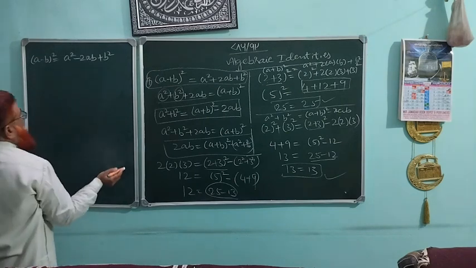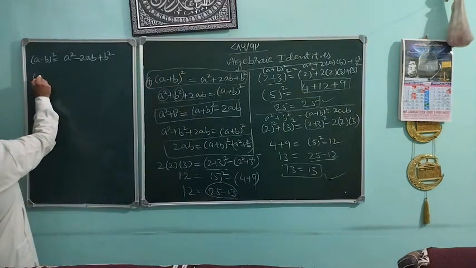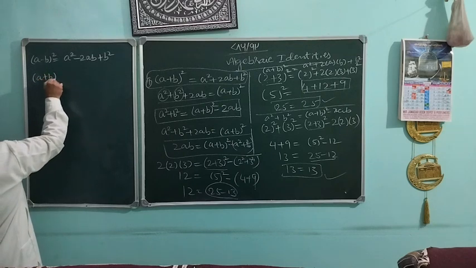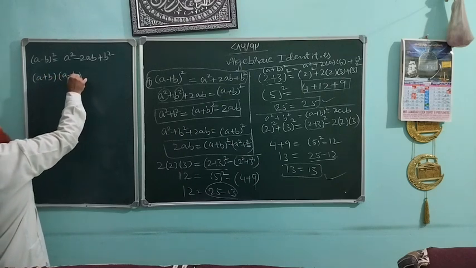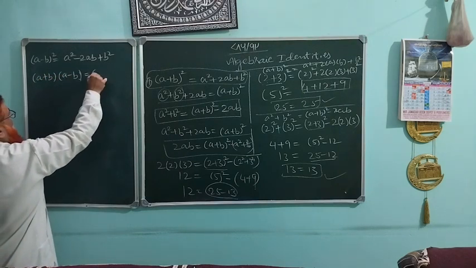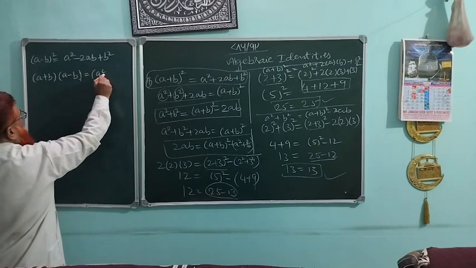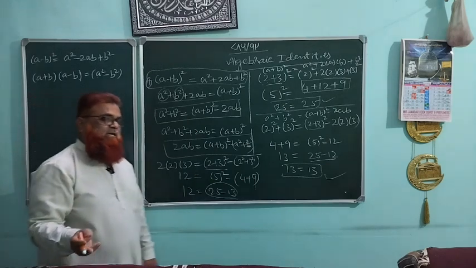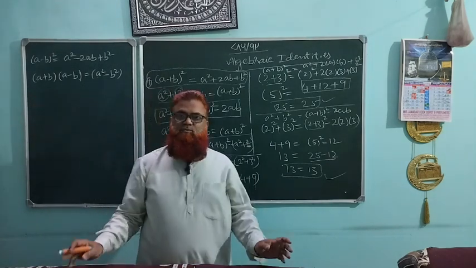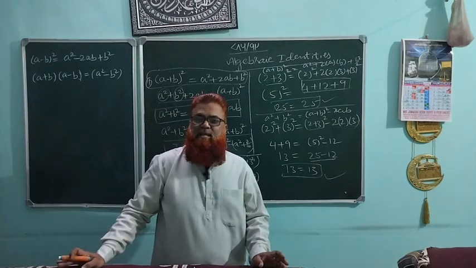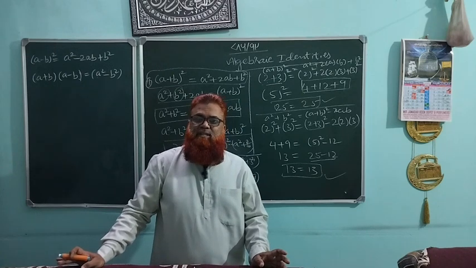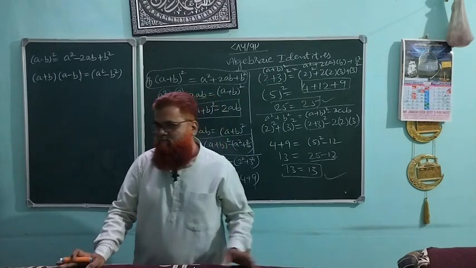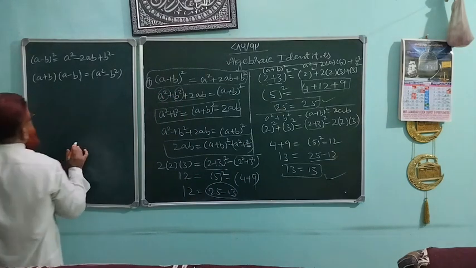Alright, then next, (a plus b) into (a minus b) is equal to a square minus b square. Sum of the two terms into difference of the two terms. A and b sum and a and b difference, and when they make the product it is equal to a square minus b square.